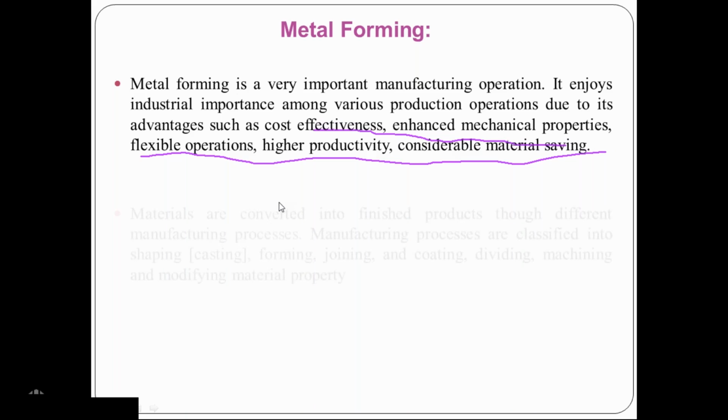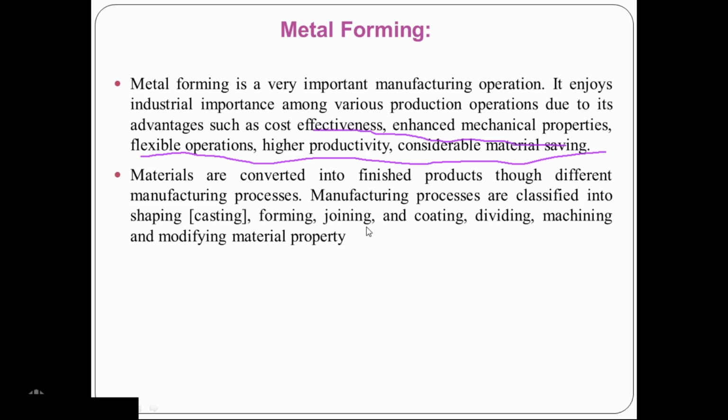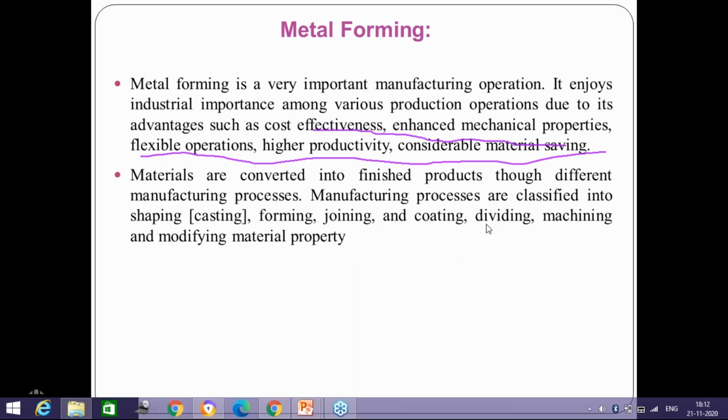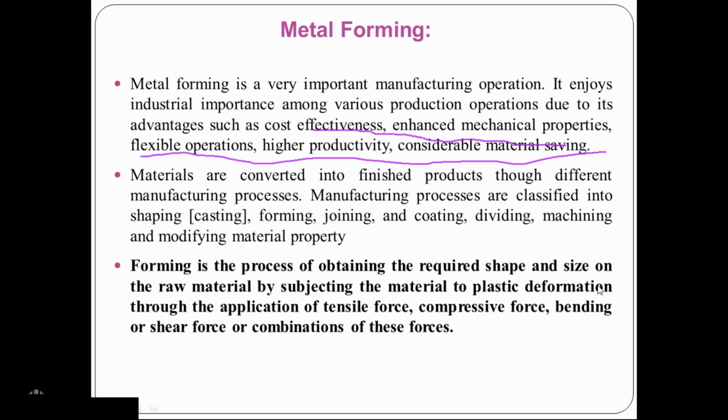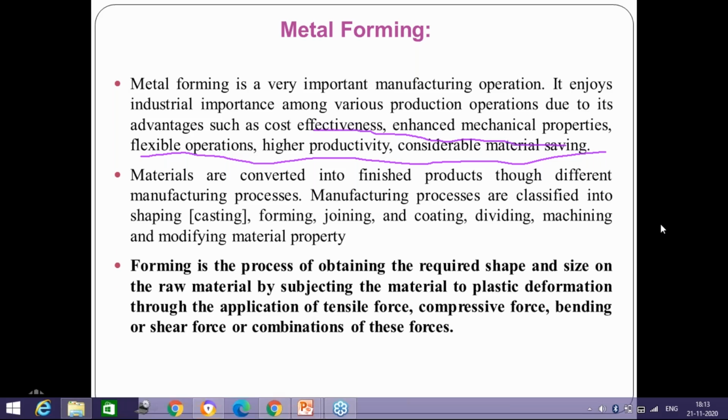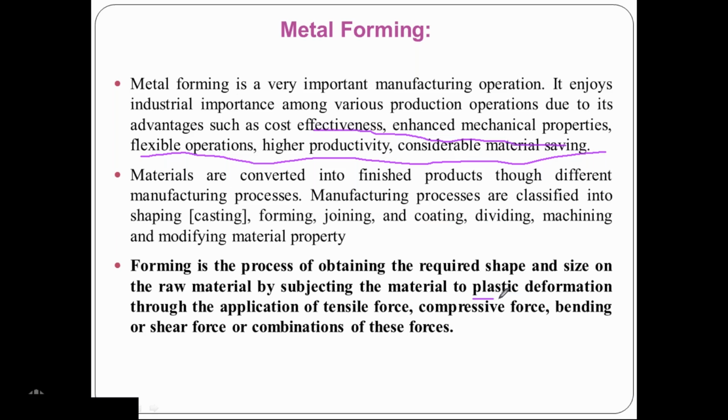Materials are converted into the finished product through different manufacturing processes, and manufacturing processes are classified into shaping, forming, joining, and coating, also dividing, machining, and modifying material property. Forming is the process of obtaining the required shape and size of the raw material by subjecting the material to plastic deformation.